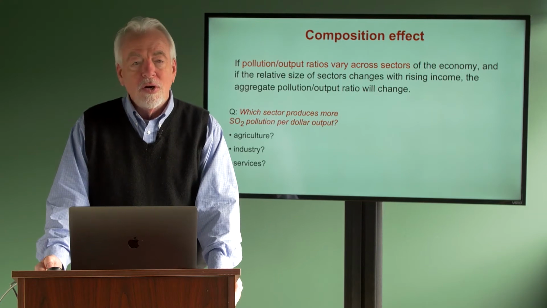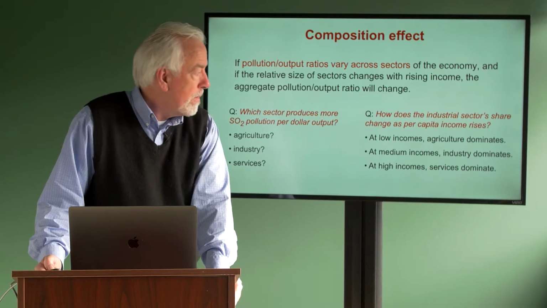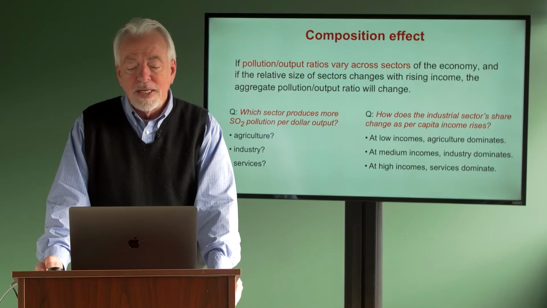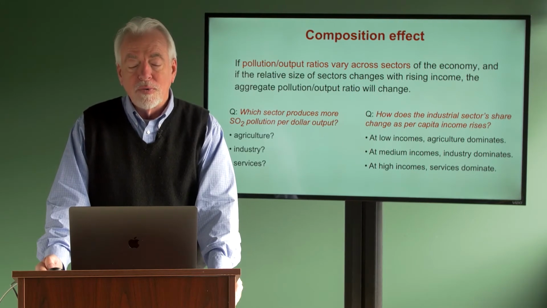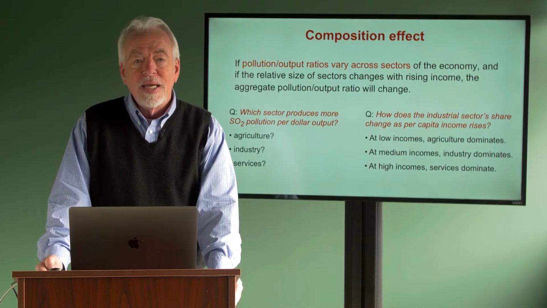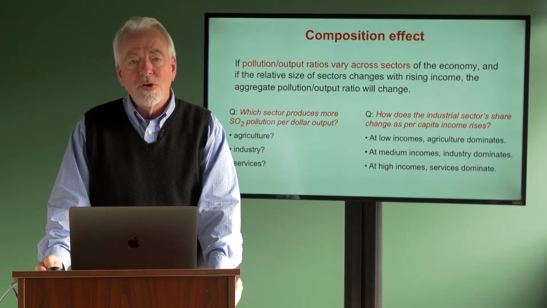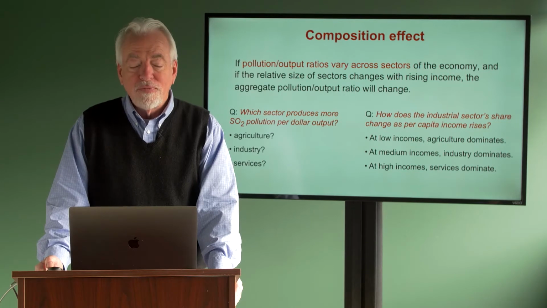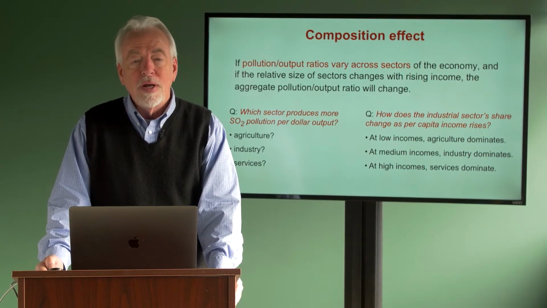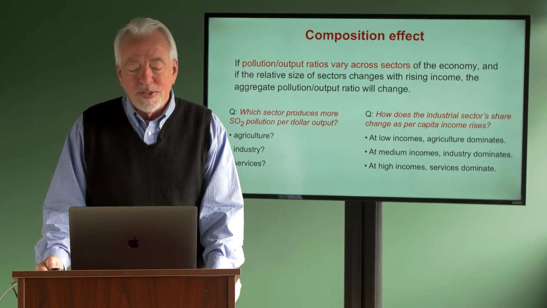Agriculture, industry, or services? Well, we know that in the early stages of economic growth, agriculture dominates. In the middle stages, industry dominates. And at the higher income levels, services dominate. And sulfur dioxide emissions per unit output are highest in the industrial sector.